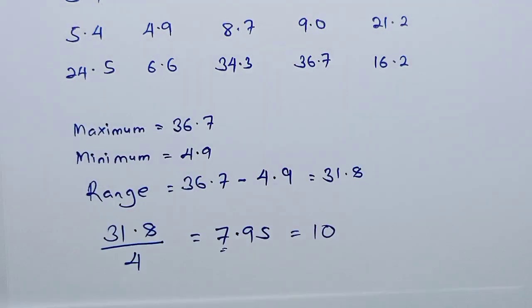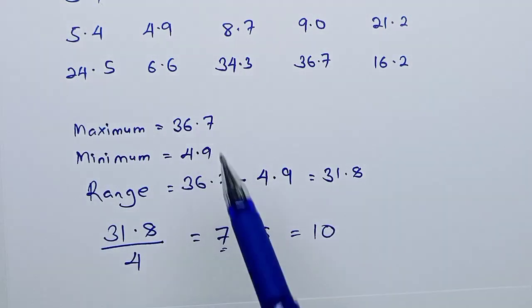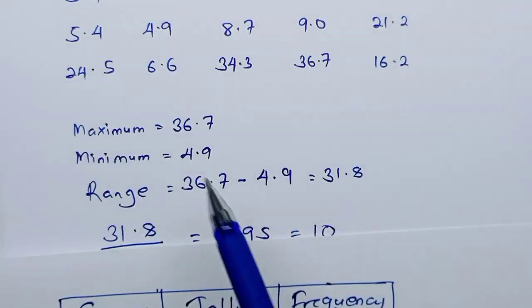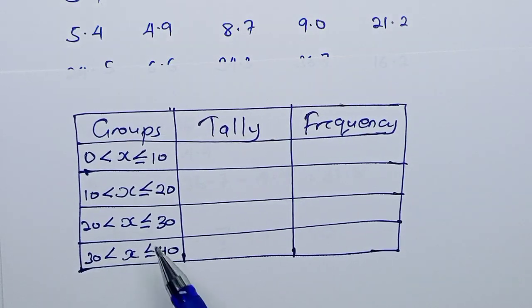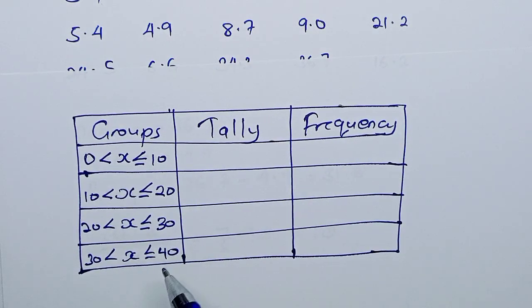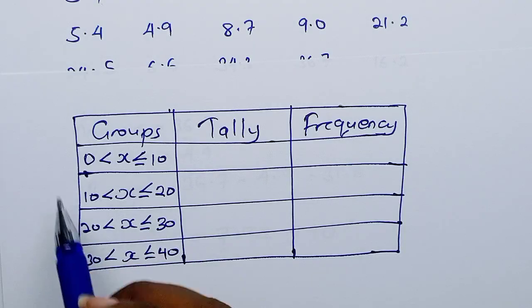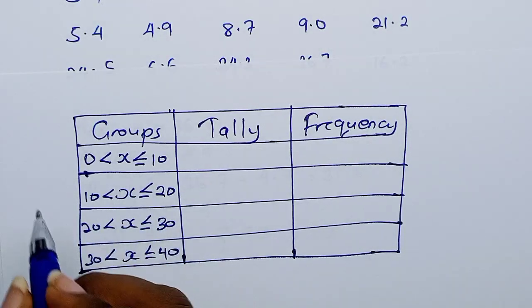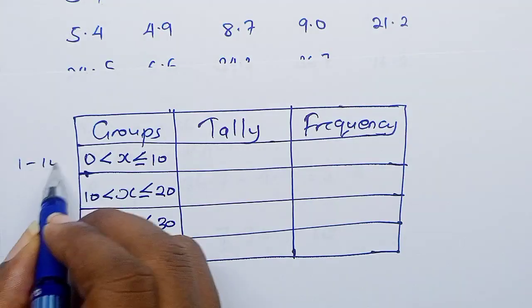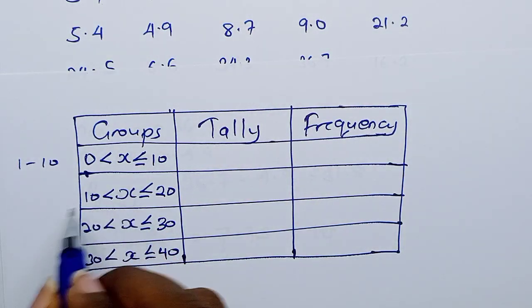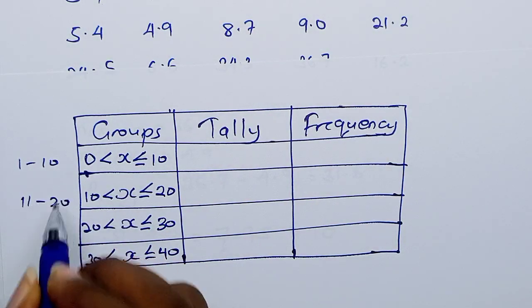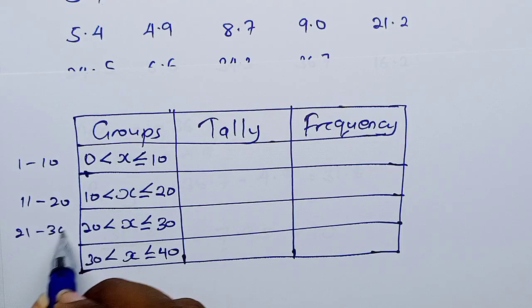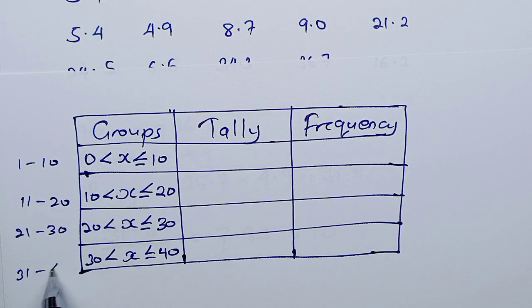Remember, our highest value is 36.7, so our last group has to go beyond 30, which in our case is 40. The other way we could have written this is 1 to 10 for the first group, 11 to 20, 21 to 30, and 31 to 40. This is the same as this.